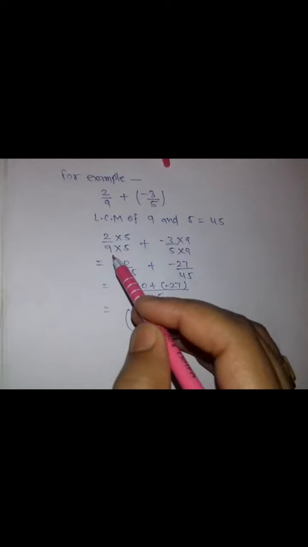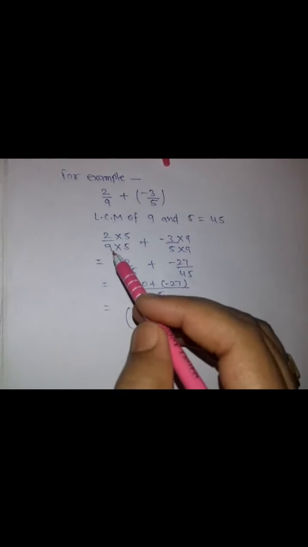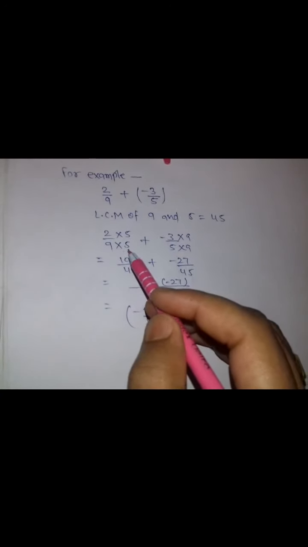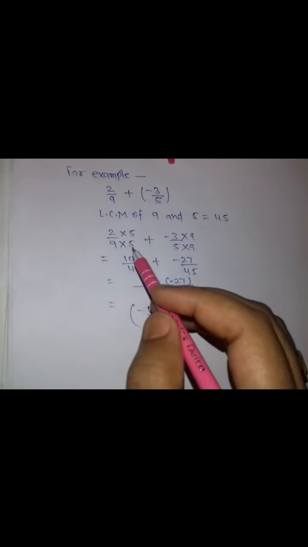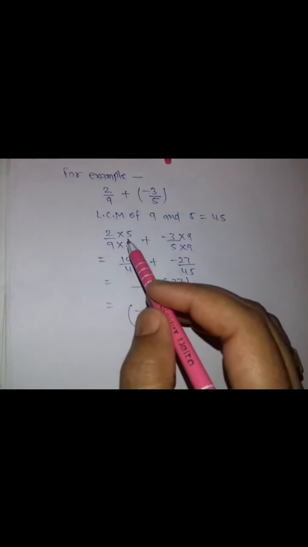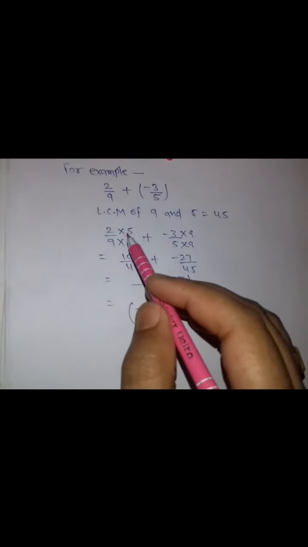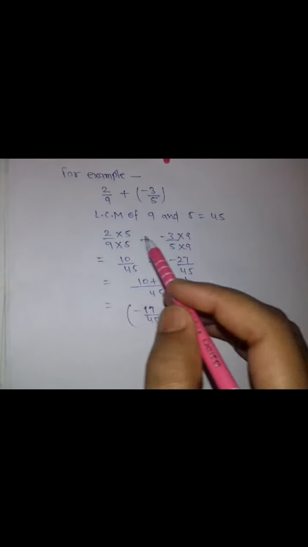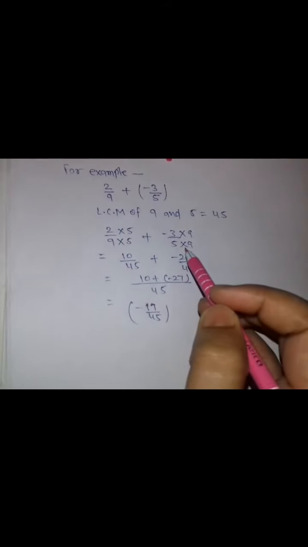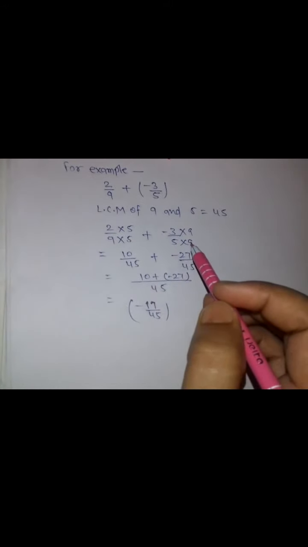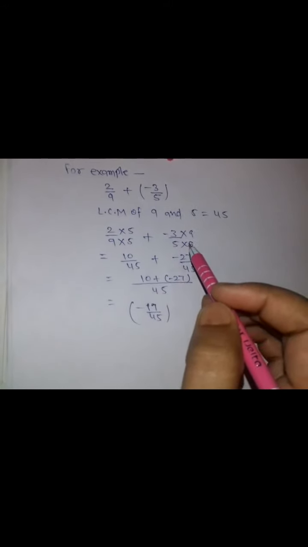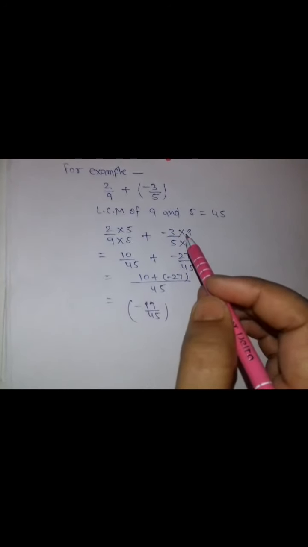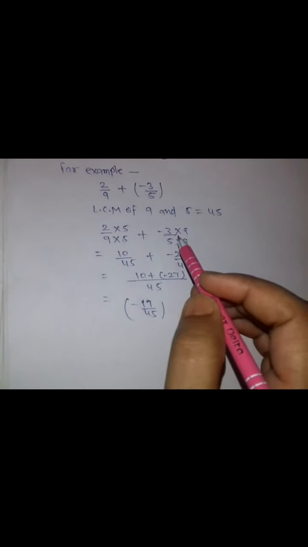To make 9 into 45, we have to multiply by 5, and we also have to multiply the numerator. And to make 5 into 45, we multiply by 9, and also multiply the numerator.